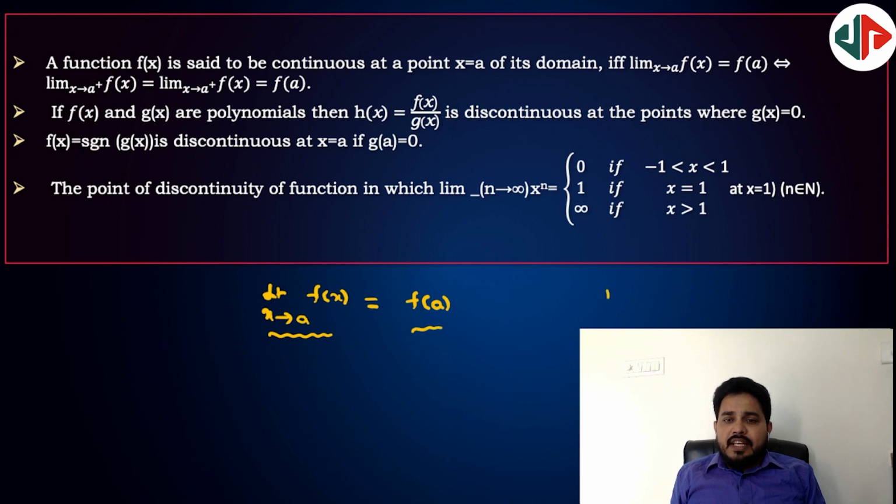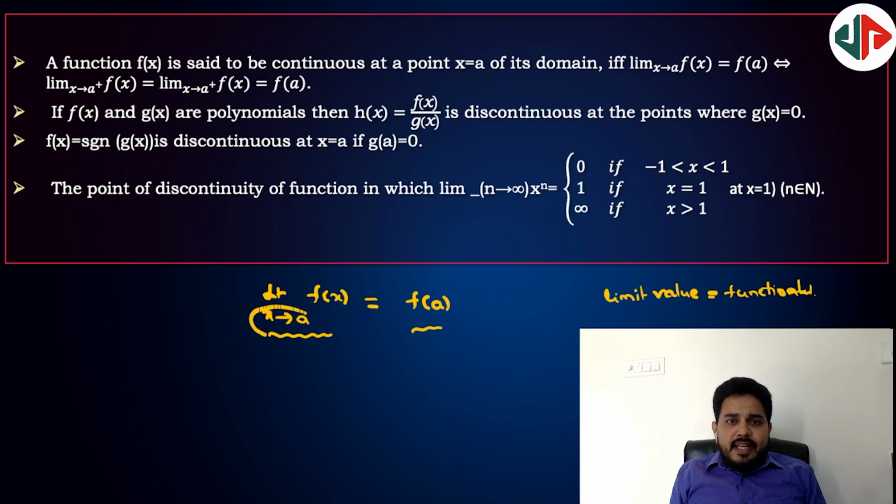So, limit value is equal to functional value. Okay, limit value is equal to functional value. We call it a continuous function.